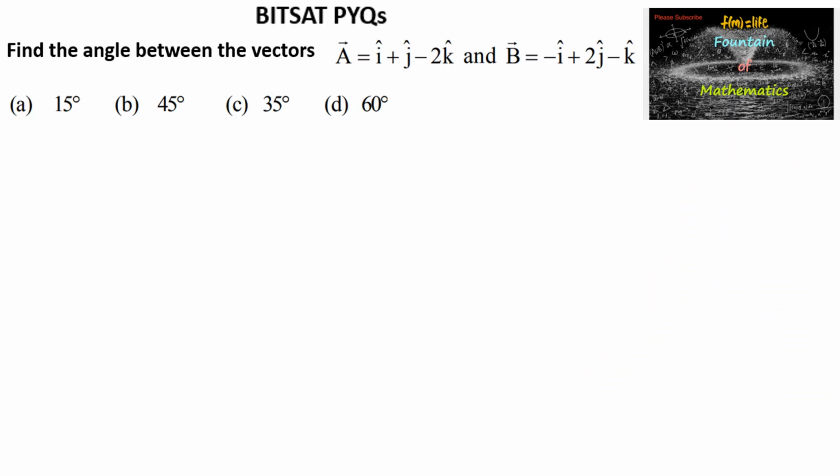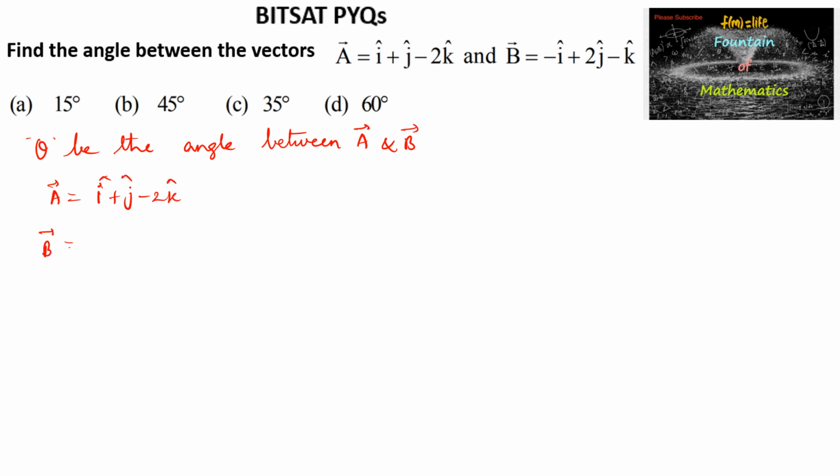Let us consider theta to be the angle between two vectors, vector A and vector B. So vector A is equal to i plus j minus 2k and vector B is equal to minus i plus 2j minus k.